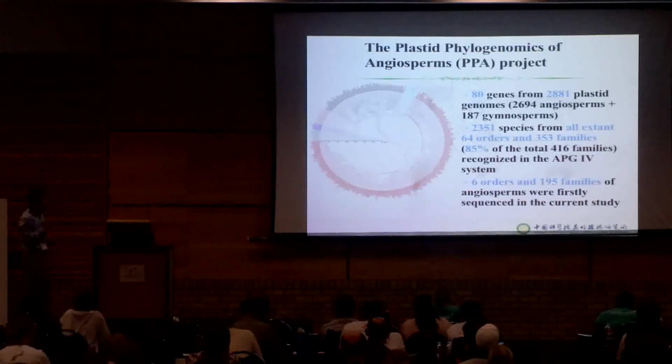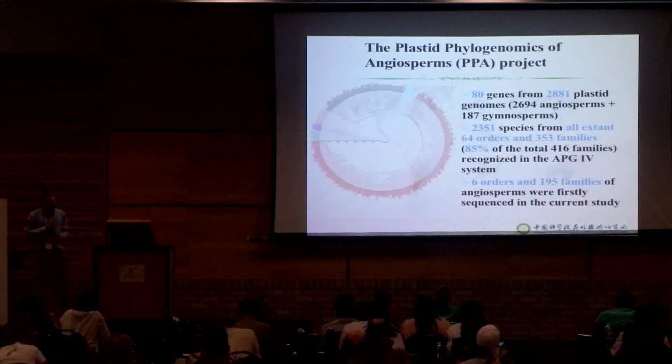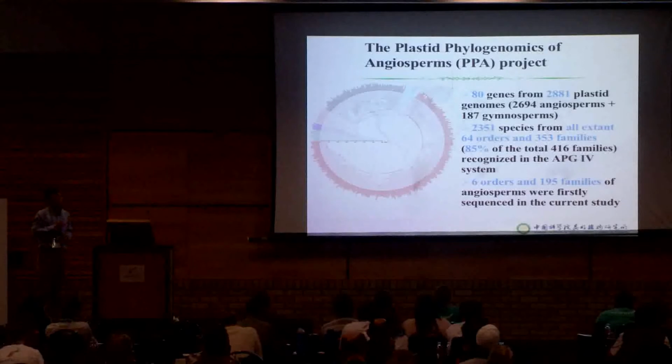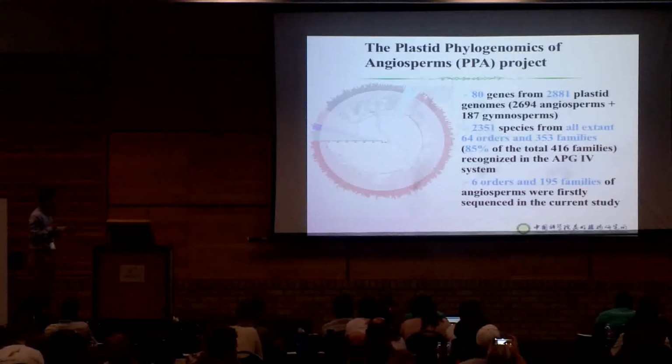And by now, we have actually assembled something like 2,881 plastomes all across the APG tree. And this is something we are still analyzing at the moment.